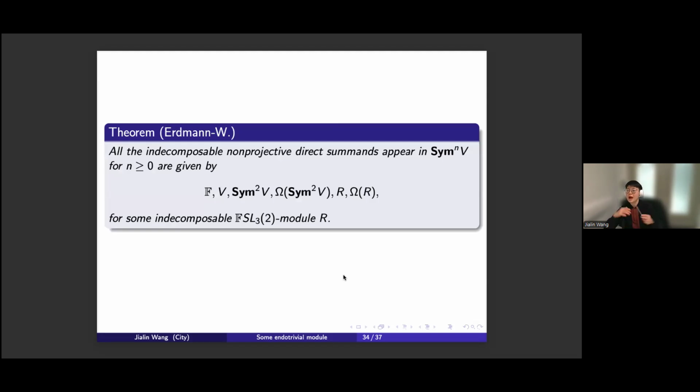In fact, we have a similar analogous result for the symmetric power of V. All the indecomposable non-projective summands that appear in the n-th symmetric power of V are just given by F, V, the second symmetric power of V, its omega, and R and omega of R. Here R is an 11-dimensional indecomposable module.